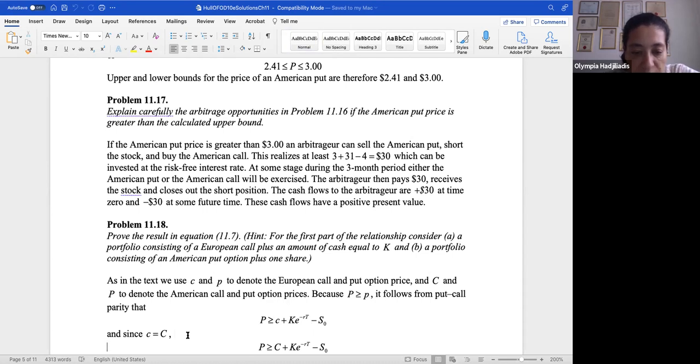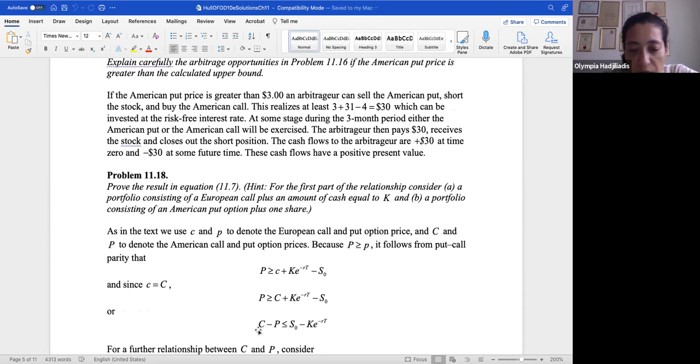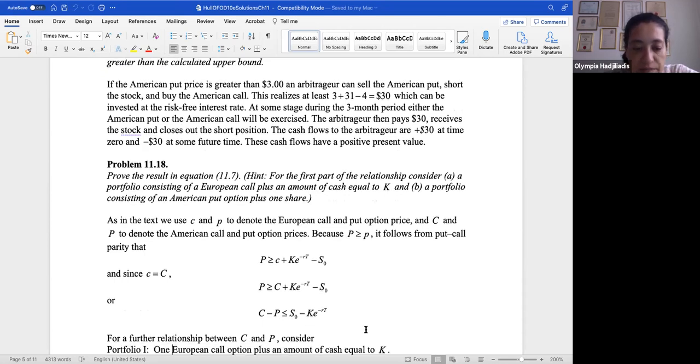And since c is equal to capital C, the American call and the European call are worth the same because it's a non-dividend paying stock, then you have P greater than or equal to C plus K e to the minus rT minus S0. So finally you obtain C minus P is bounded above by S0 minus K e to the minus rT.